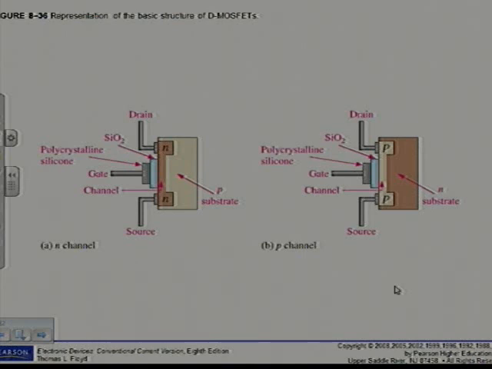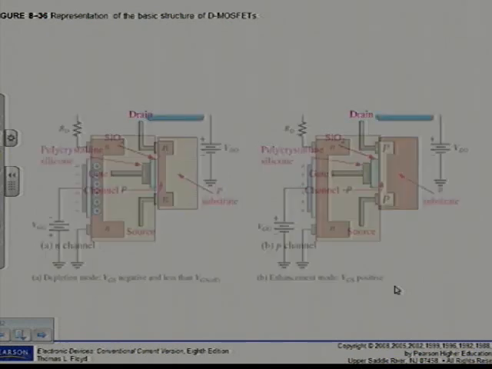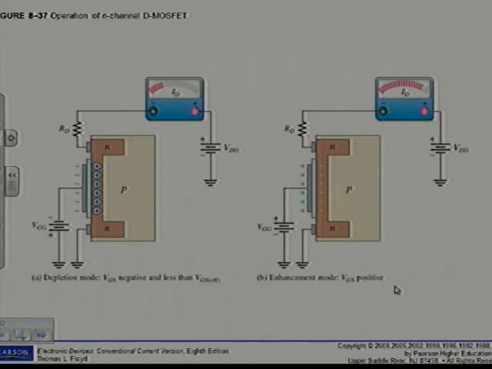Also, they show us the N channel and the P channel, also with the three terminals: the drain, the gate and the source. That is the basic structure of the depletion MOSFET. Let's have a look at what happens when we apply voltages to the gate of the D MOSFET.